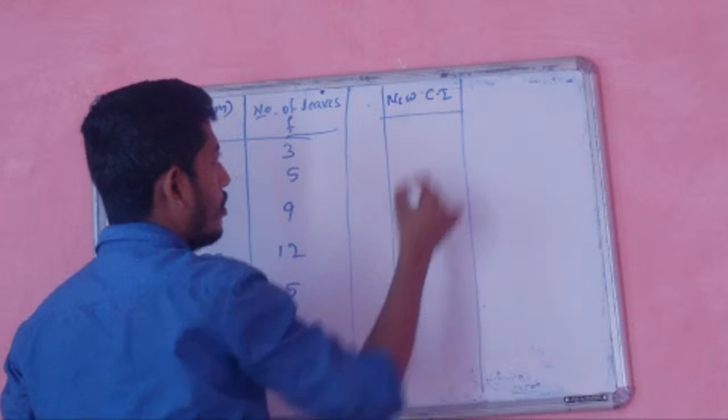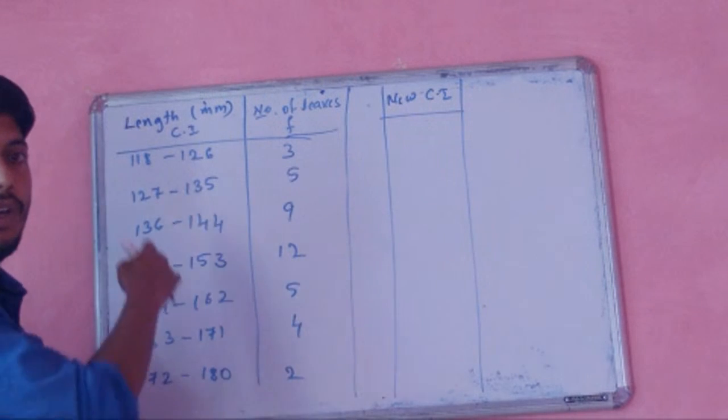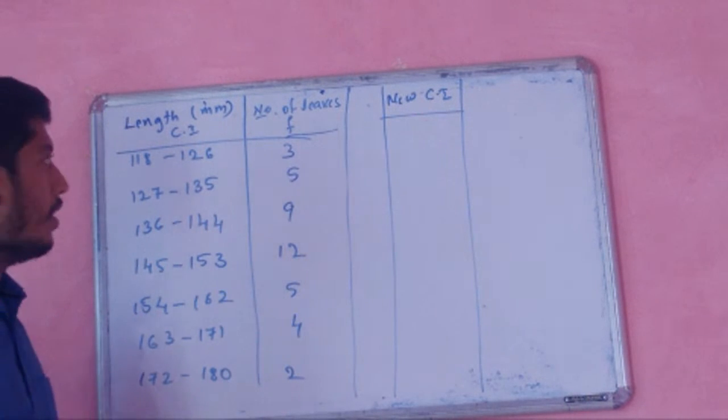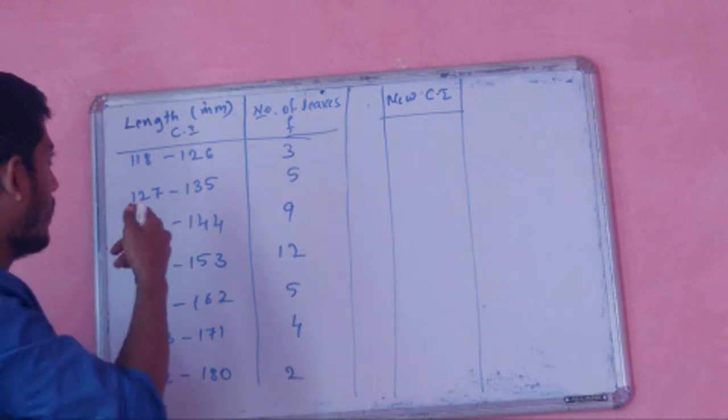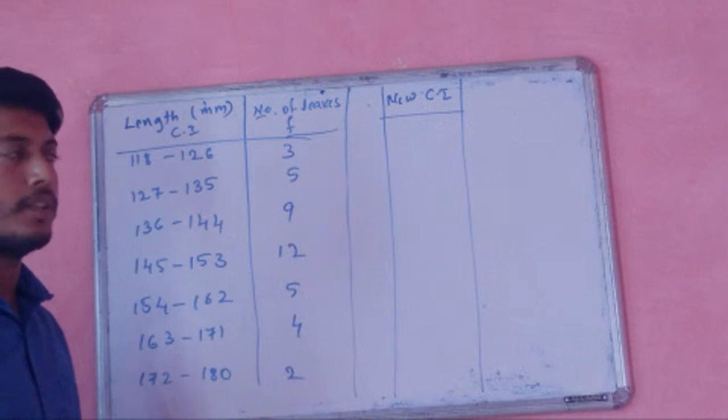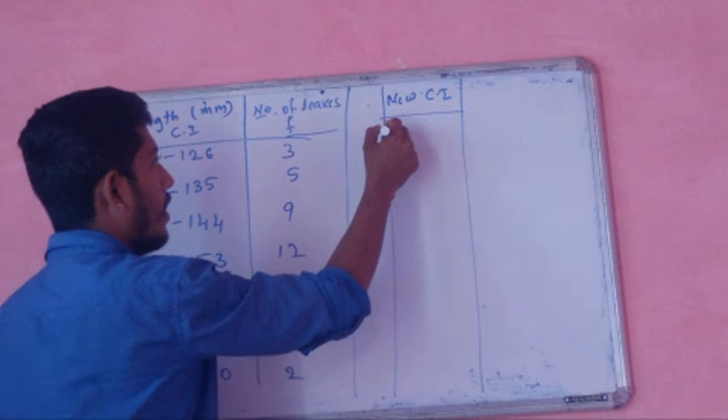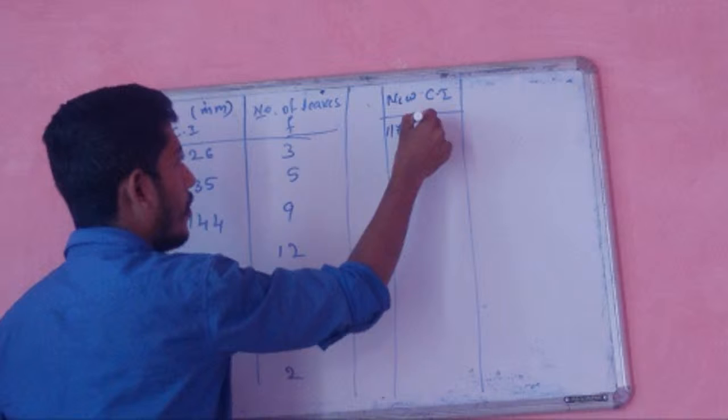Class interval values: for the lower value we have to subtract 0.5, for the upper value we have to add 0.5. So we subtract 0.5: 117.5.